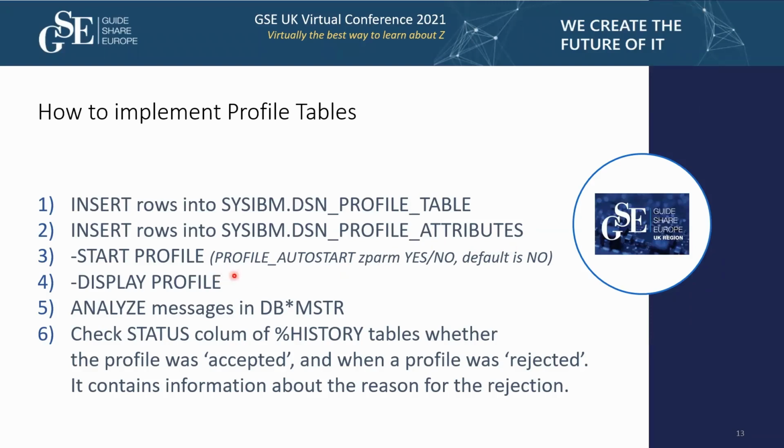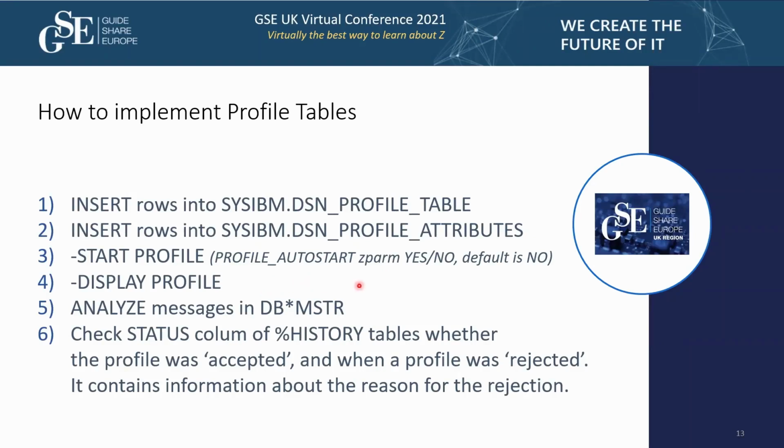We can start the profile manually using the start profile command, or we can decide to activate the Db2 profile at Db2 startup using the profile auto start zparm, set to yes. Once the profile is started, we can display the status of our profile with the display profile command.